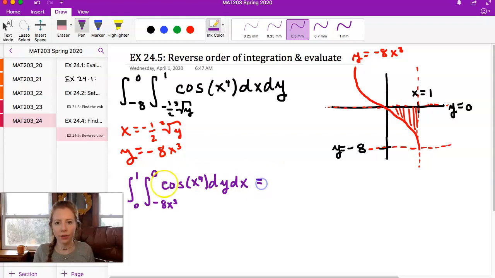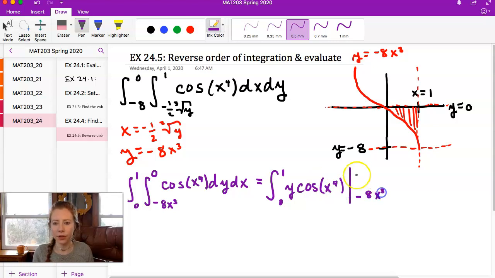Okay, so starting with the inner integral, it's just going to be Y cosine x to the 4th, and we're going to evaluate this from -8x cubed to 0. Let's not lose our dx. Now let's plug in. It's going to be 0 to 1.